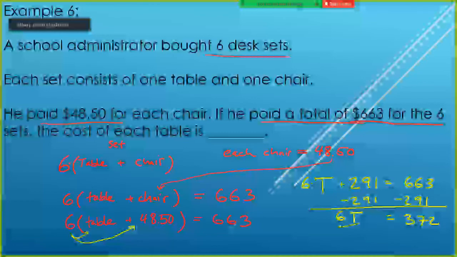Now we divide both sides by 6. T is equal to 62. So that means the cost of each table is $62. And if we needed to, we could plug 62 in for table and see if that comes out even. It should come out to 663 on both sides.